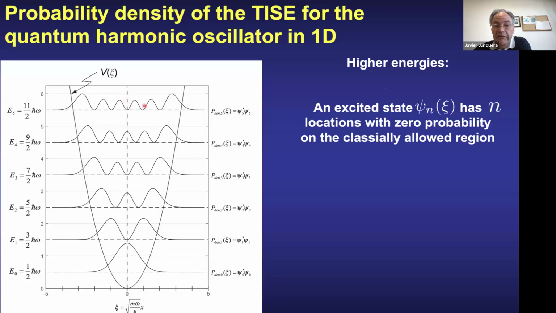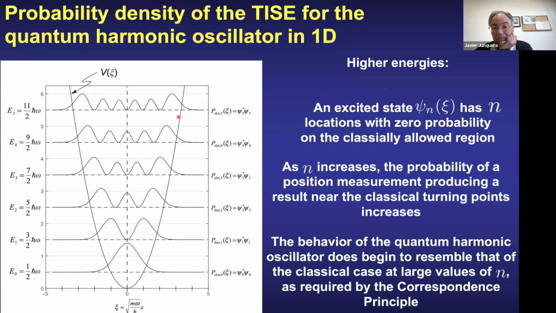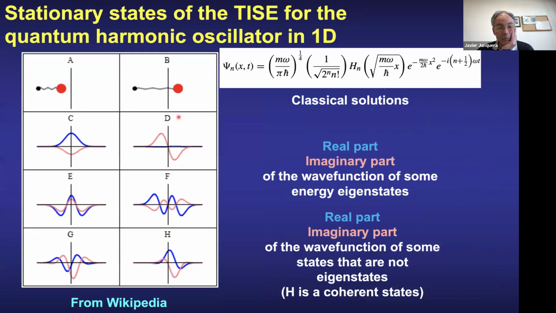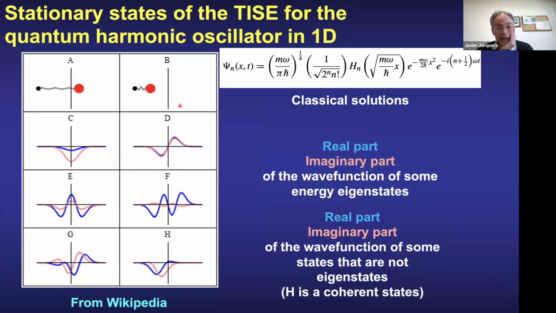And in particular, if n is getting very, very large, then we are recovering essentially the classical solution. So this is in agreement with the correspondence principle that I was talking about at the end of my first talk last Thursday.